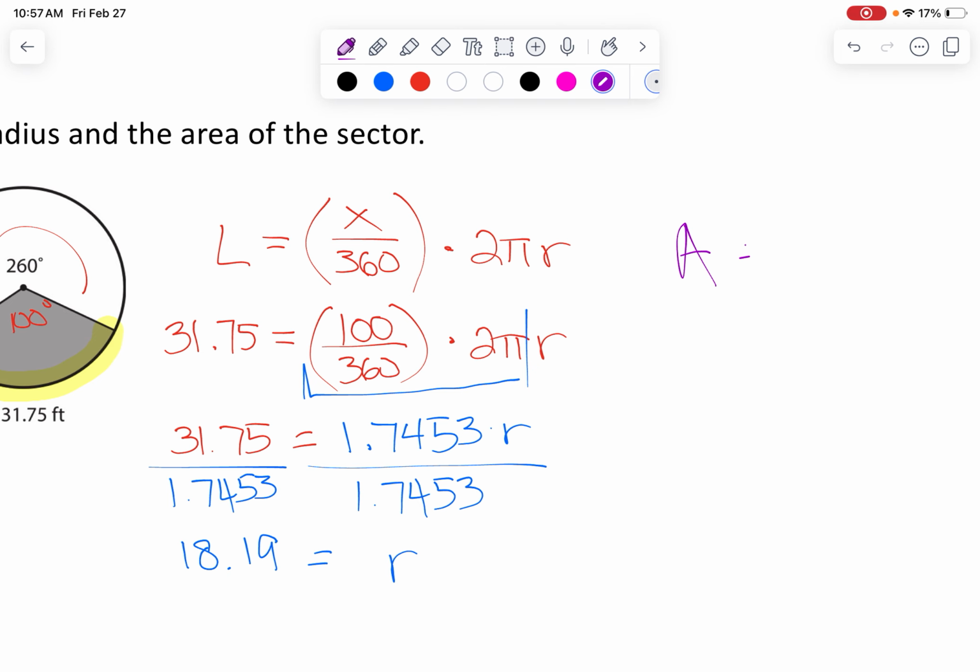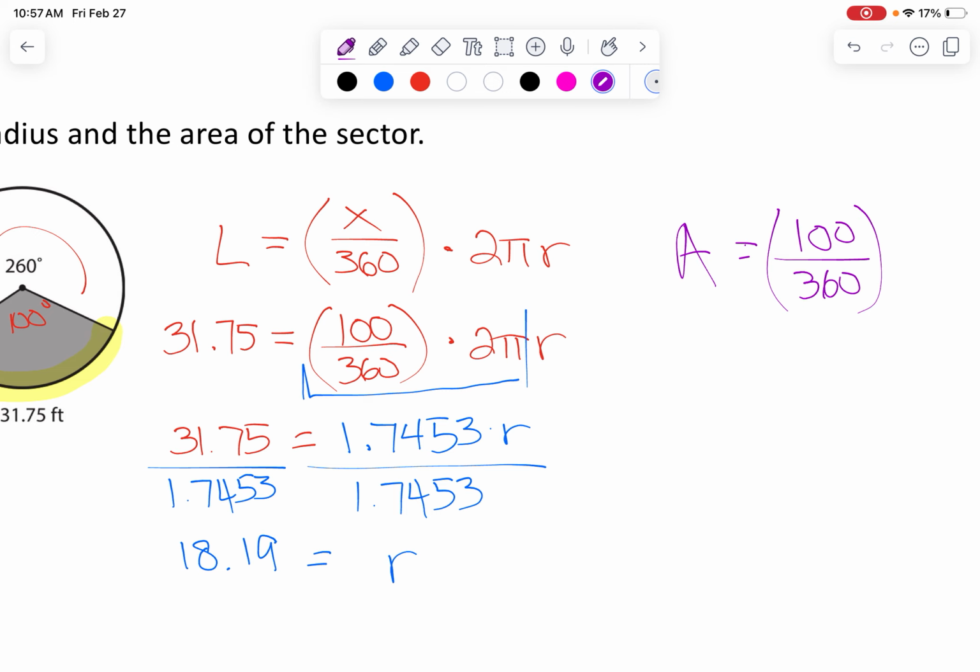A is equal to still 100 over 360 times pi times 18.19 squared.